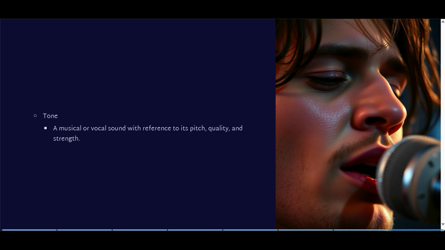And if you give a little bit of strength and more strength for the same note, same pitch, with the same quality vocals, that would be a different tone. Okay, that's it.